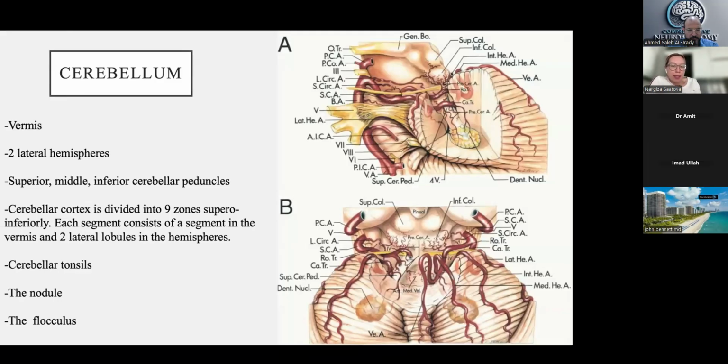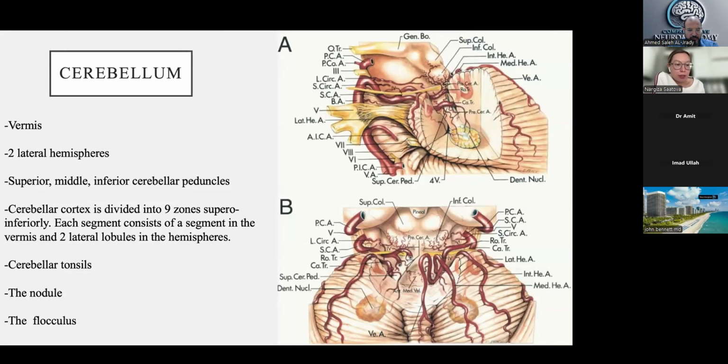The anatomy of the cerebellum is quite complicated, but we have to mention that the cerebellum consists of the vermis, 2 lateral hemispheres, and the superior, middle, and inferior cerebellar peduncles.